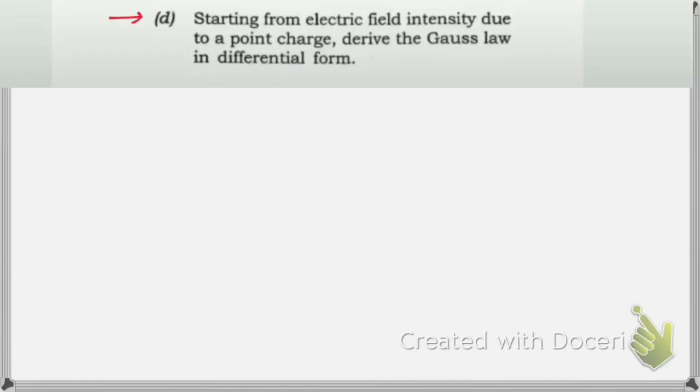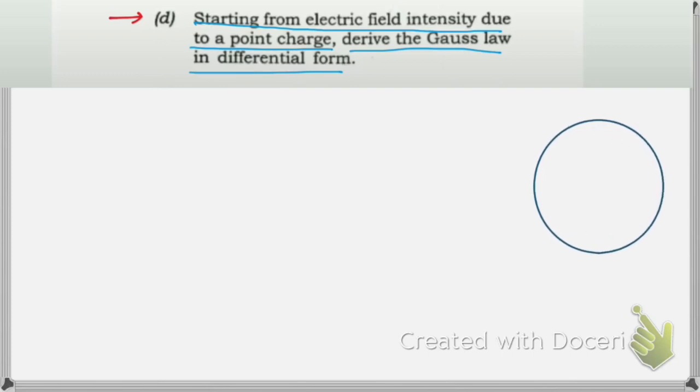So here is the next question. Starting from the electric field intensity due to a point charge, derive the Gauss law in differential form. So here you see, suppose we have a sphere, or let us suppose it is any closed surface, right, and it encloses a charge, suppose q.